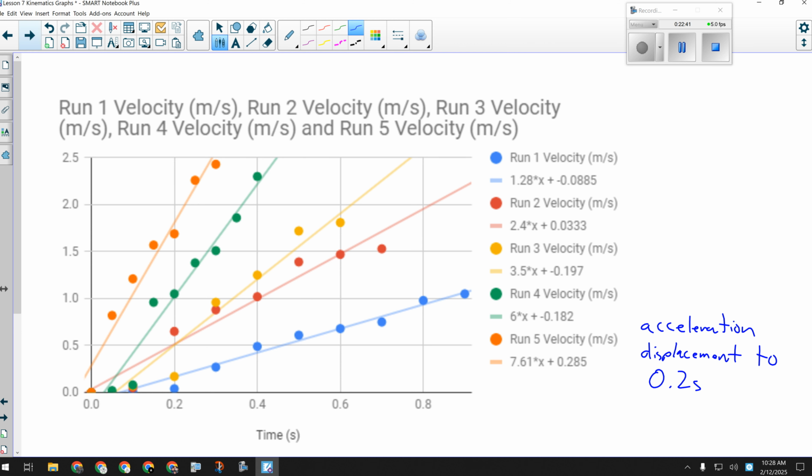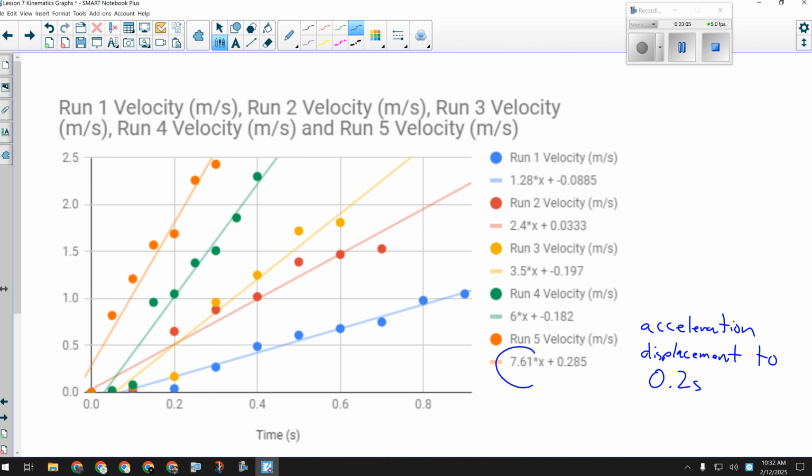What's the acceleration for run 5? 7.61. Yep. Did I have to do any calculating for that? No, I just had to recognize that the slope on this graph is the rate at which velocity changes. That's the definition of acceleration. Acceleration is the rate at which you change your velocity over time.